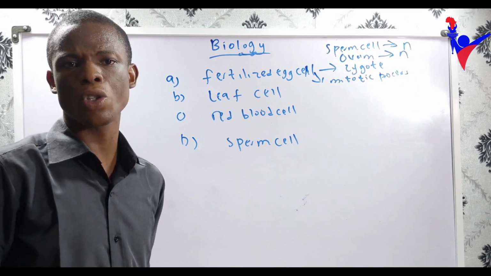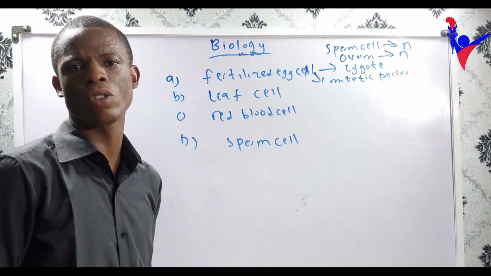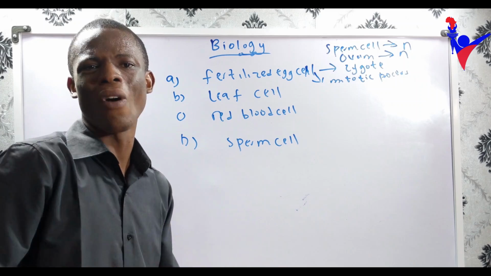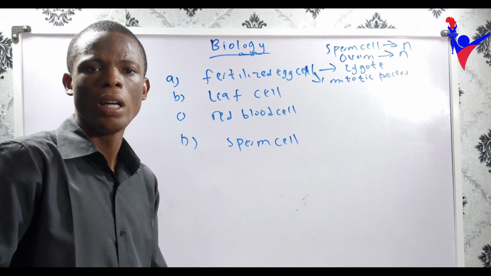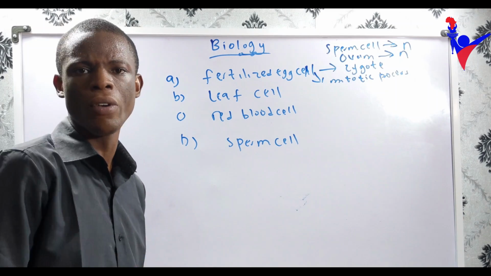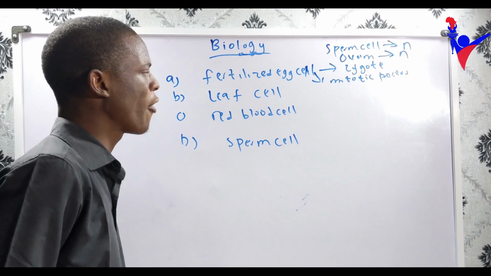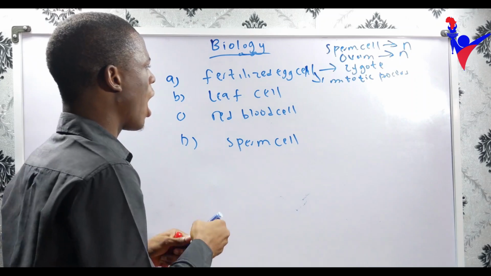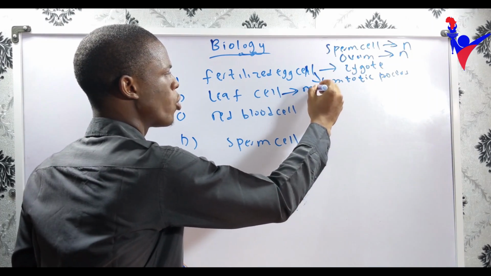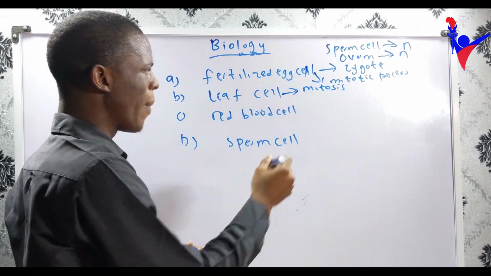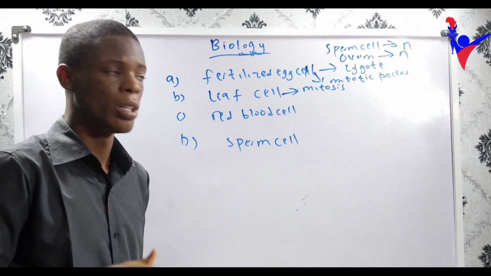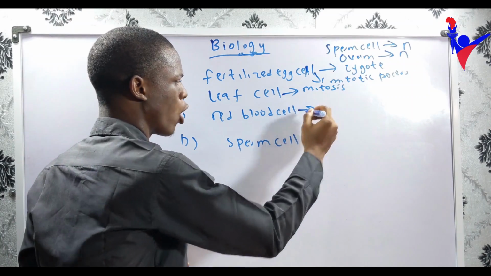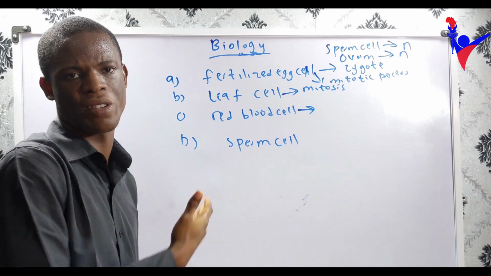A leaf cell is also a somatic cell. What do we mean by a somatic cell? A somatic cell undergoes mitosis. A somatic cell is a cell that divides to give the same offspring cells as a result of mitotic division. So our leaf cell undergoes mitosis, in which a 2N cell divides into 2N. Our red blood cell also, and I know you know what the red blood cell means.